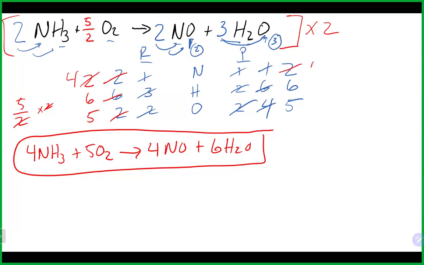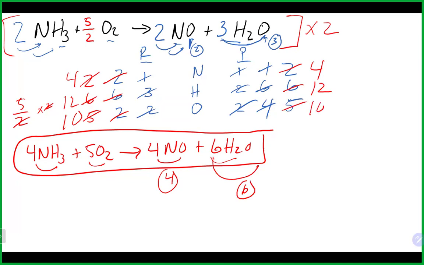We also have 4 on the right, so that's good. We have 4 times 3, which is 12 for the hydrogens. We have 6 times 2, which is 12, so that's good. For the oxygens, 5 times 2 is 10. Over here, that is 4 oxygens, and over here, that is 6 oxygens, and that is 10. That is a balanced equation.